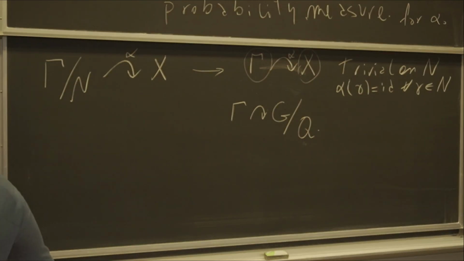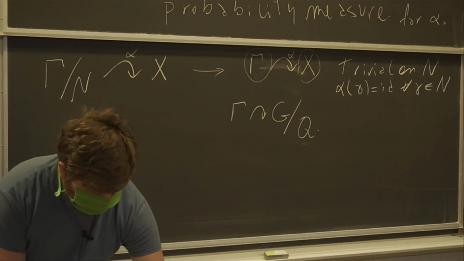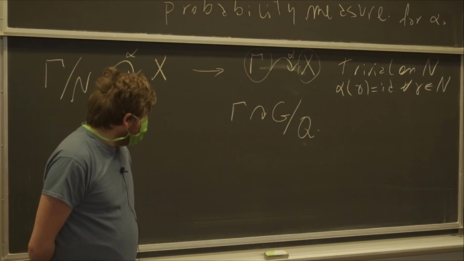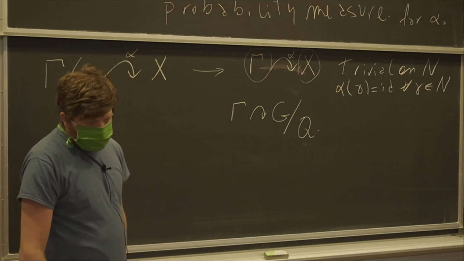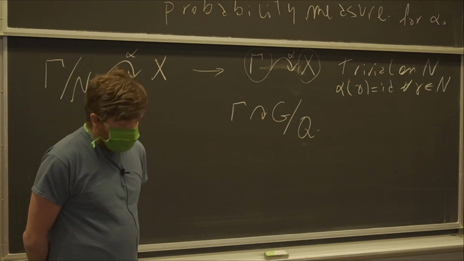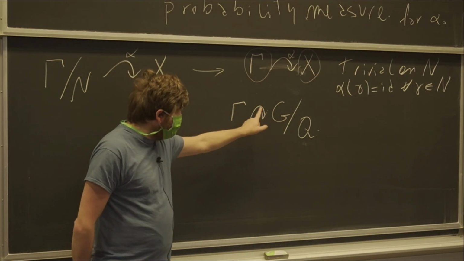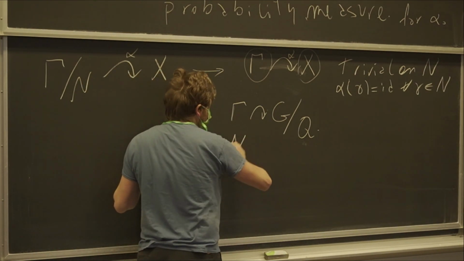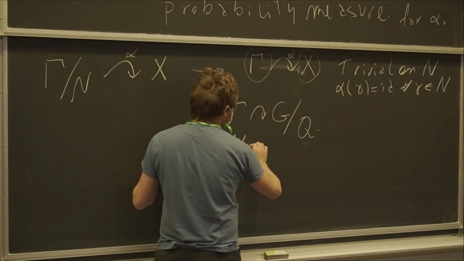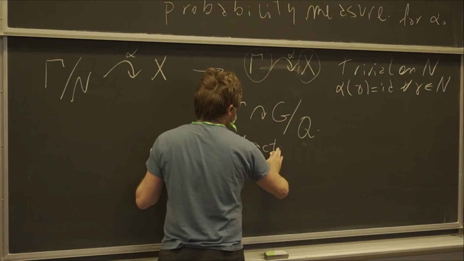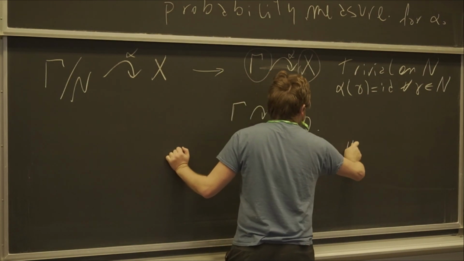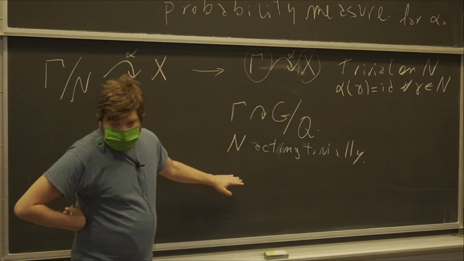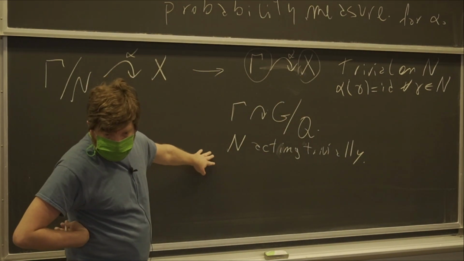Okay? So if I manage to do it in a very coherent way, in such a way that I find now this action and N still acts trivially, then you see what I get.